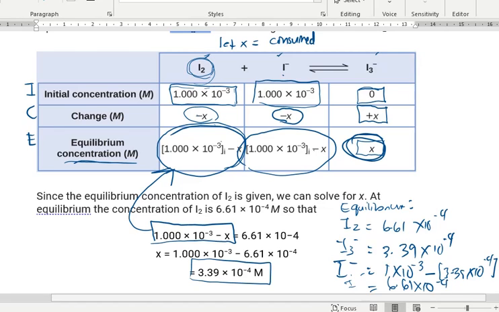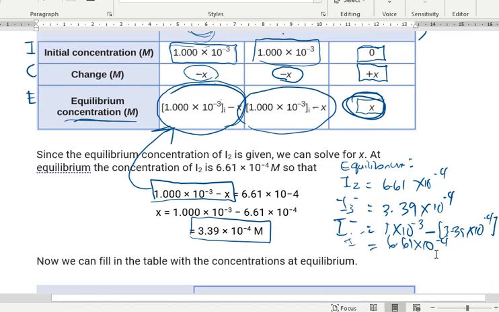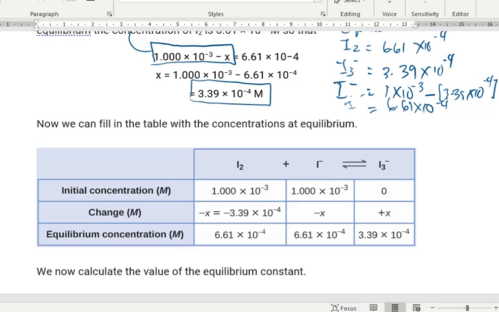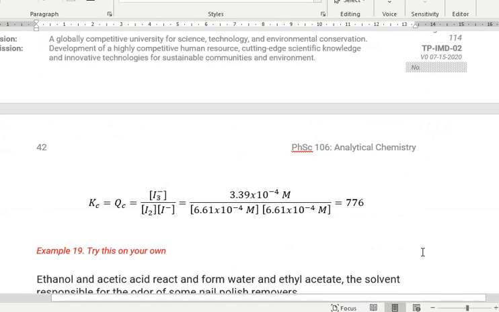So now you have the equilibrium concentrations of all your components. So you can now solve for K. You just substitute it.